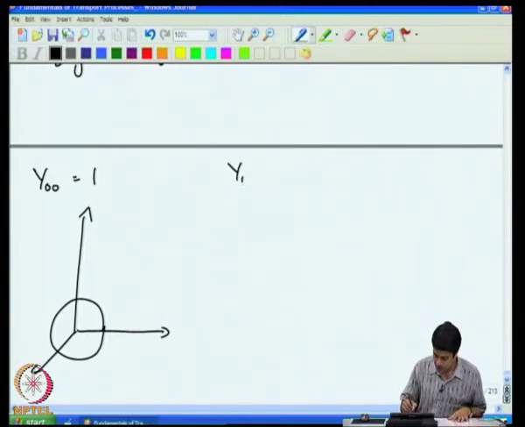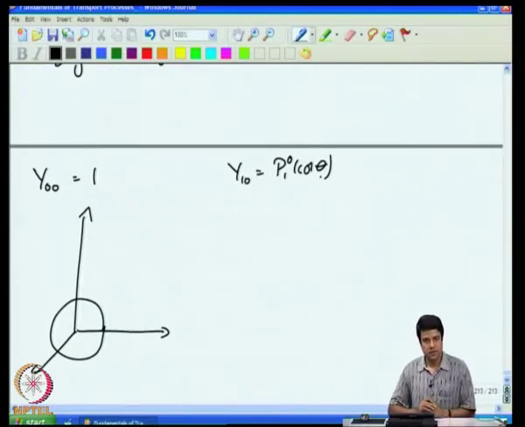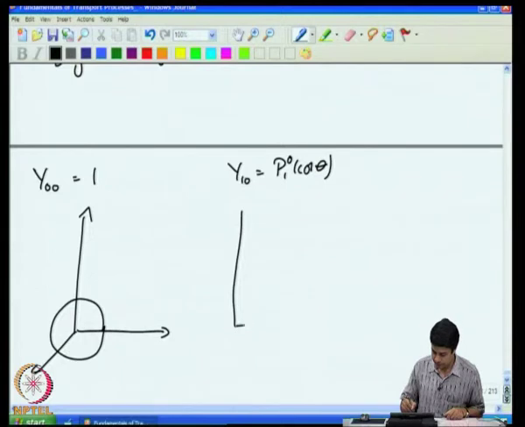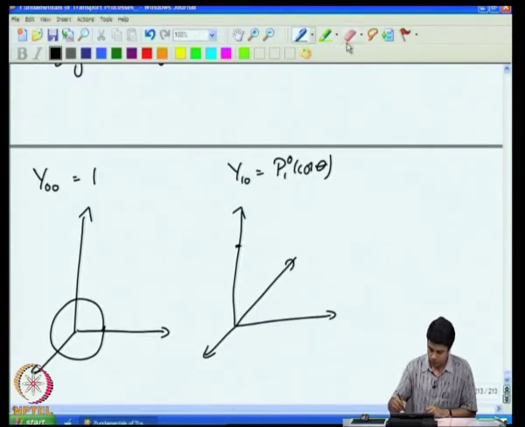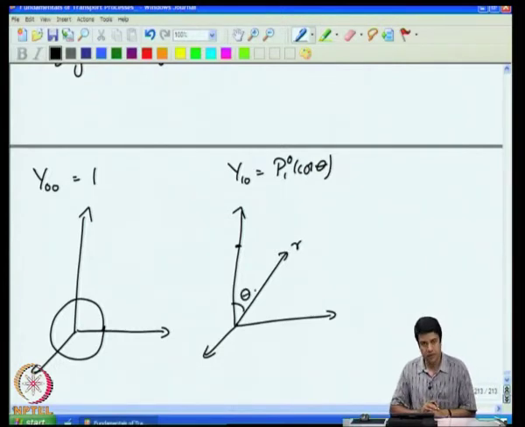How about y10, which is equal to P10 of cos theta. So, this surface is proportional to cos theta. Therefore, if you actually plot out surfaces of constant P10, they will look something like this. Note that theta is the angle with respect to the z axis.